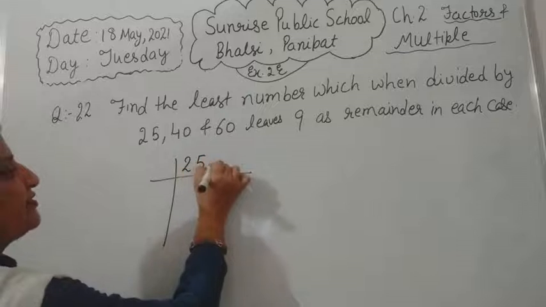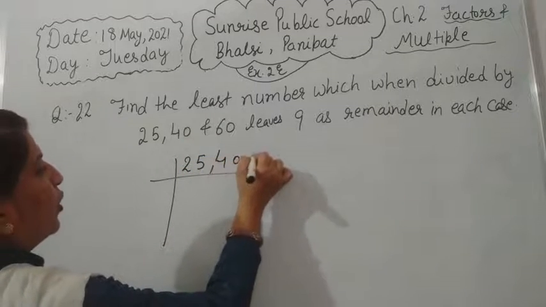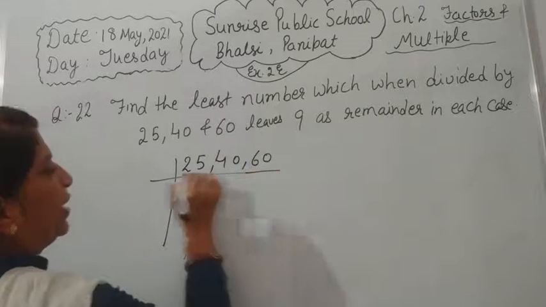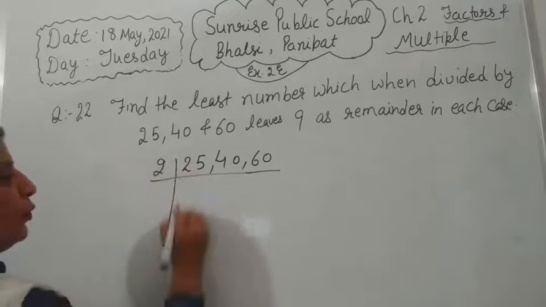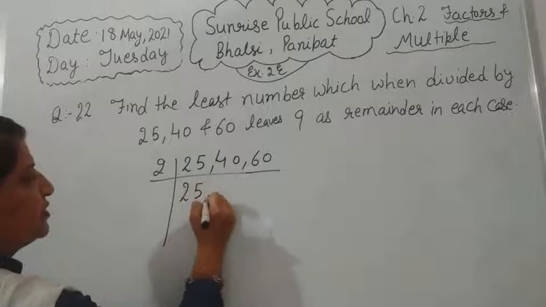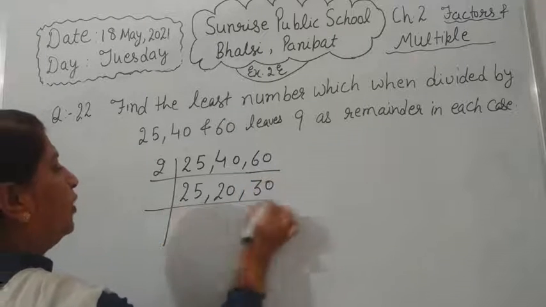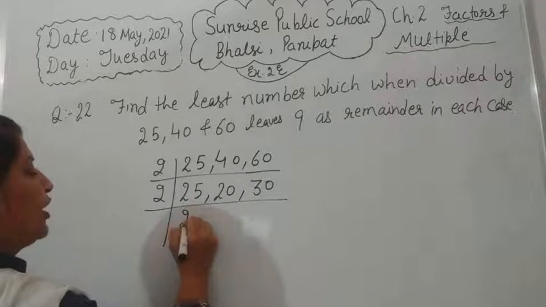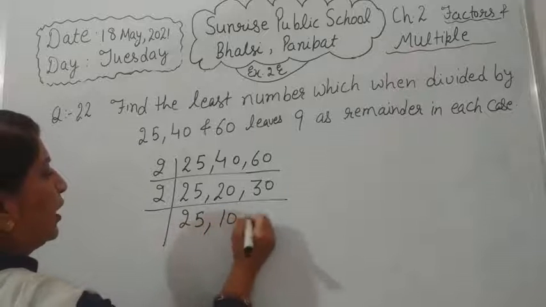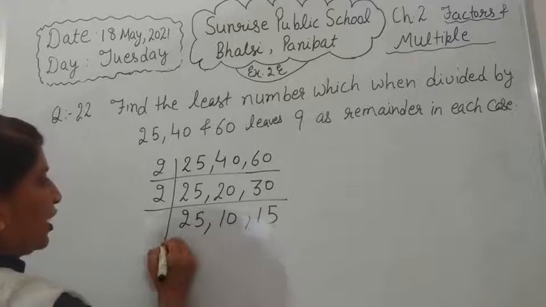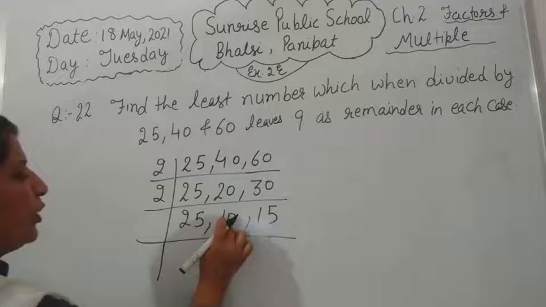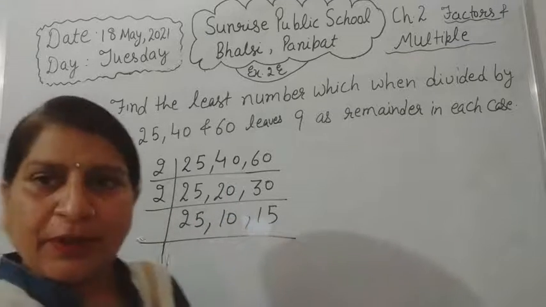to find the LCM of 25, 40 and 60. Now this number is divisible by 2. 25 is as it is. 2 2s are 4, 0. 2 3s are 6, again 0. Now 25, 2 10s are 20 and 2 15s are 30. Now here you see that only one number is divisible by 2.